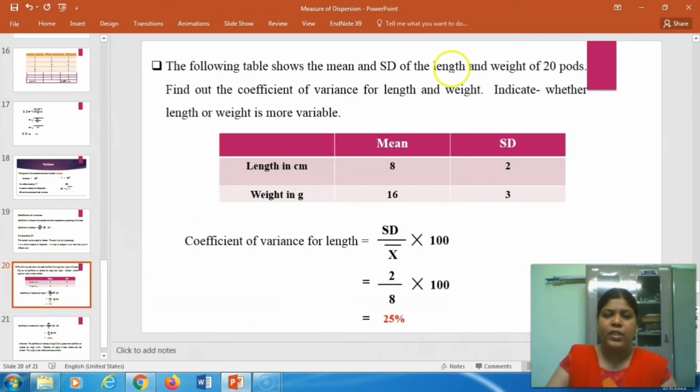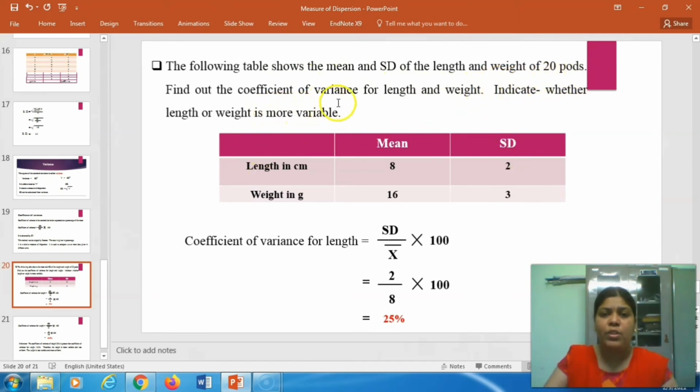Then look here. This is the problem based on the coefficient of variance. Let's first read the problem. The following table shows the mean and standard deviation of the length and weight of 20 pods.